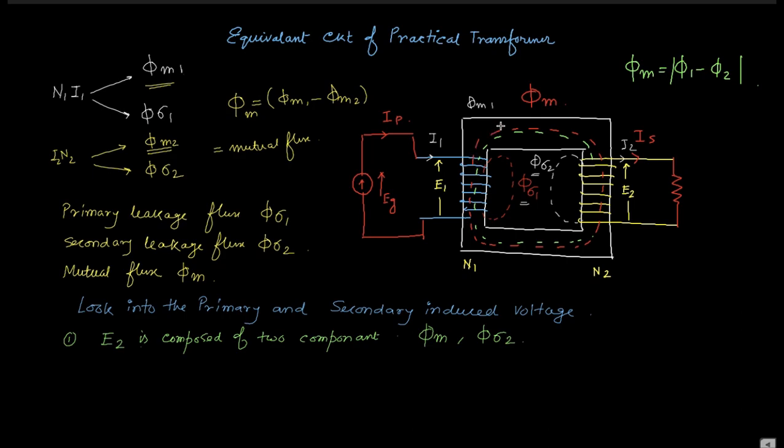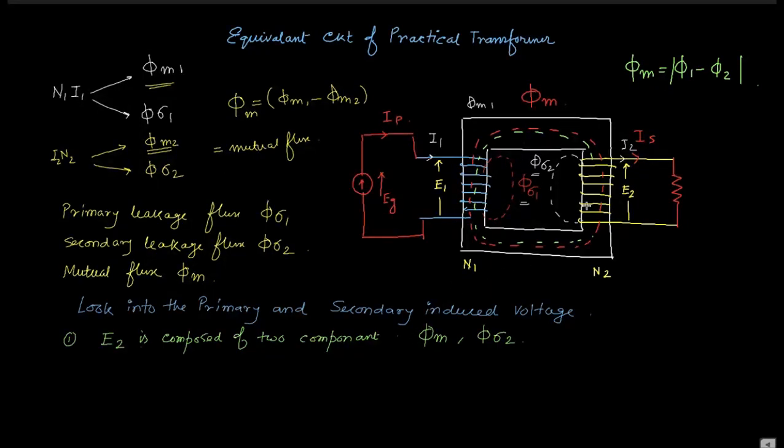Here phi m is the main flux or mutual flux which links both the primary side and secondary side, and as phi m is linked with the primary and secondary side, phi m is the main cause of induced EMF in both. So phi m is common for both.